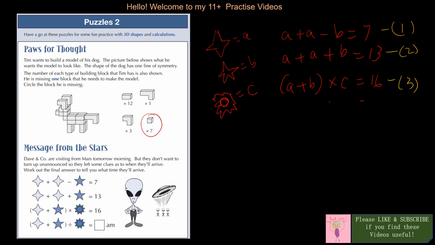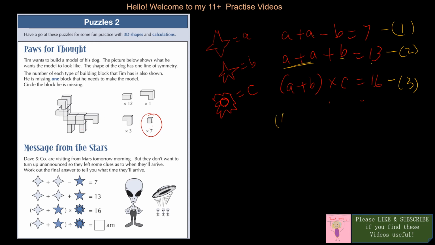Okay, so very straightforward really. If you look at equation 1, A plus A gives you 2A and minus B equals 7. Then A plus A is again 2A plus B is 13. If you add the two equations 1 and 2, because there's a minus B and a plus B, they cancel each other out.